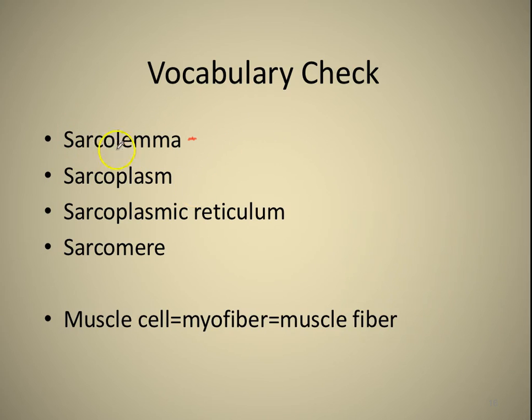Because it can do that, the skeletal muscle cell membrane is specialized, so it gets a special name. The sarcolemma is simply the cell membrane in a muscle cell. The sarcoplasm is simply the cytoplasm. We don't call it cytoplasm, we call it sarcoplasm.